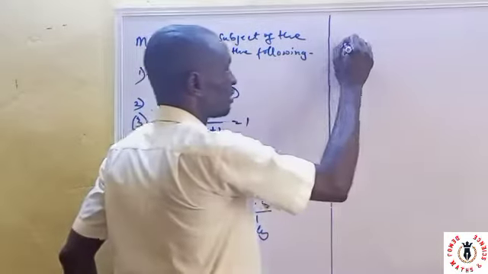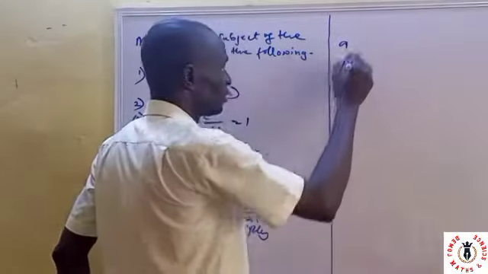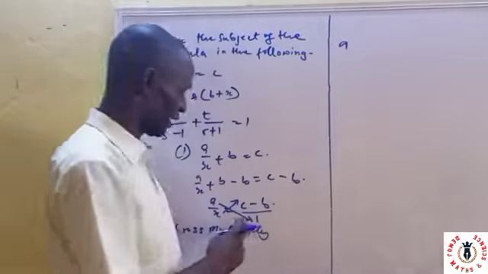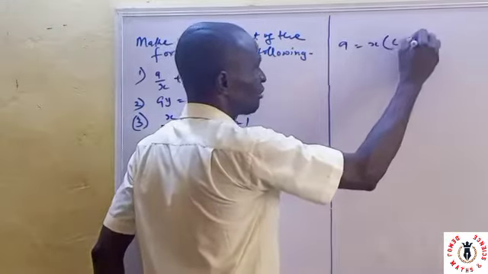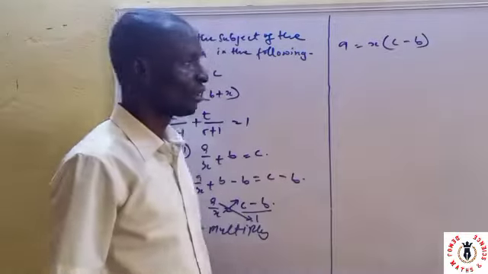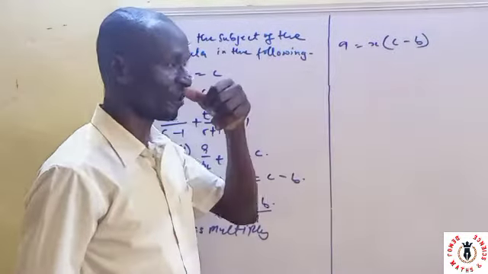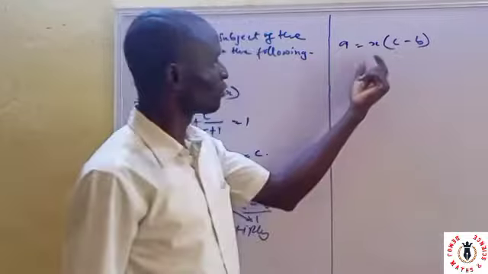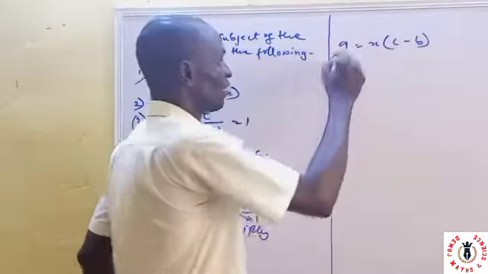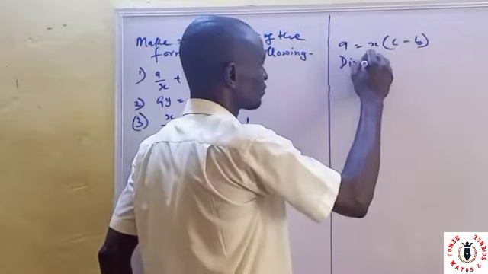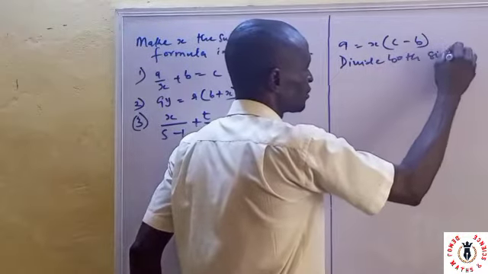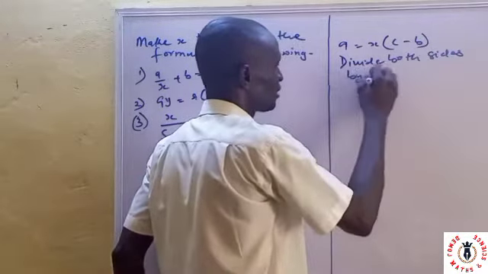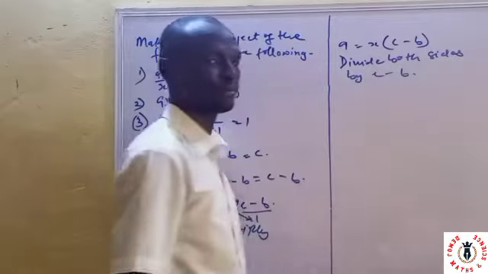So that a times 1 remains a. Now equals x into c minus what? B. Remember, we're making x the subject of the formula. So that to make x the subject of the formula, I'll be dividing both sides by c minus b.